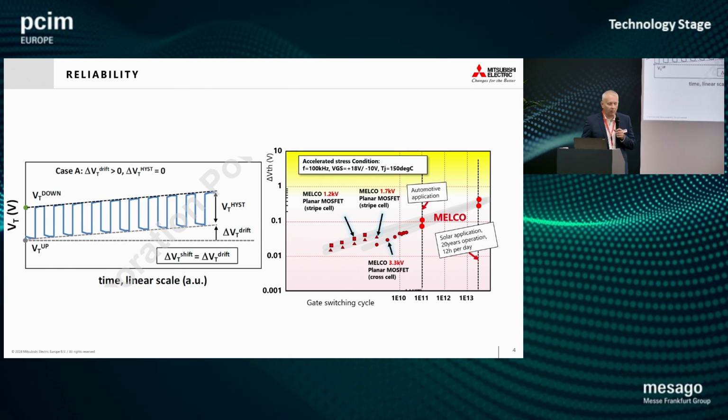It is about 0.3 volt, considering 20 years of operation with 12 hours of operation per day, which reflects a solar, photovoltaic application. We talk here about 0.3 volt. We don't talk about 1 volt, 3 volt, 5 volt, or 10 volt. And in my opinion, it is today acceptable and can be used. One remarkable point is that our test is done with a switching frequency of 100 kilohertz, which is a lot.